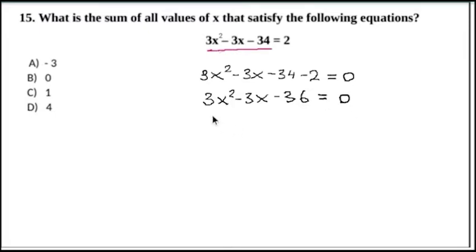As we have commonality of a divisor of 3 across the board, we can divide all values by 3. So we have x squared minus 1x minus 12 is equal to 0. Now we can look at the factors, and we will get two sets of brackets which will be a product.